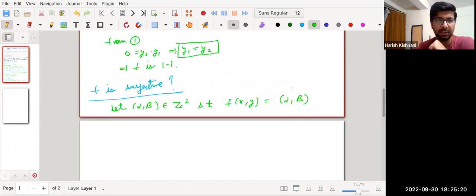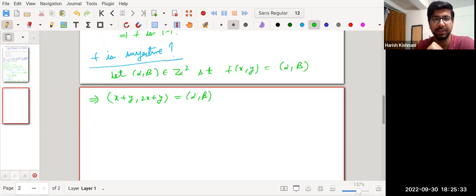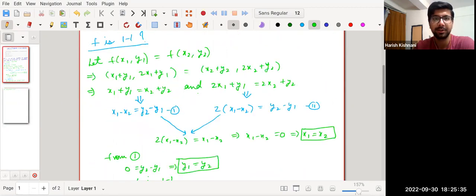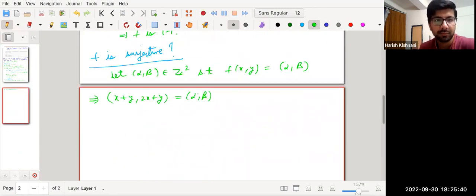If f of (x, y) is (alpha, beta), then you will have (x plus y, 2x plus y) the same as (alpha, beta), because f of (x, y) is given to be (x plus y, 2x plus y), right? And that will imply that x plus y is alpha and 2x plus y is beta.